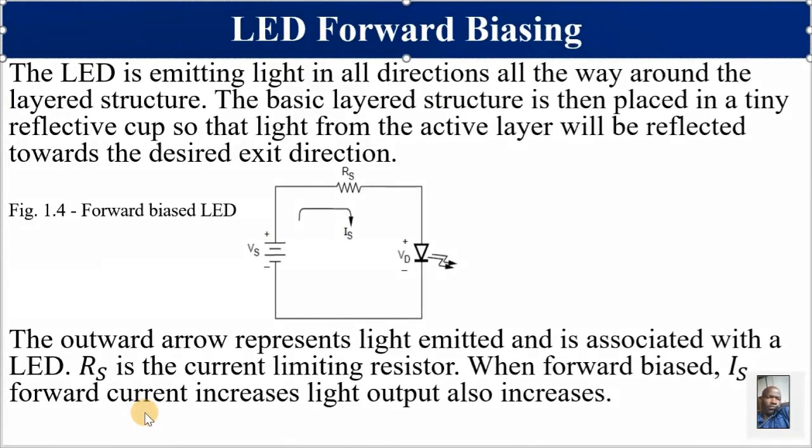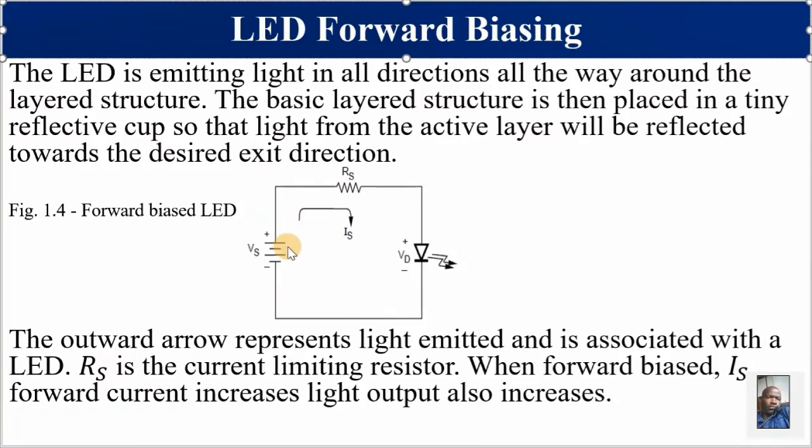Light emitting diode forward biasing, as I alluded to earlier, the light emitting diode must be forward biased for it to emit light. So the positive terminal of the applied voltage is connected to the anode. You know the anode is positive, while the negative terminal of the battery is connected to the cathode as shown. VD shows the voltage that is going to drop across the light emitting diode. And we are seeing light being emitted when forward biased.